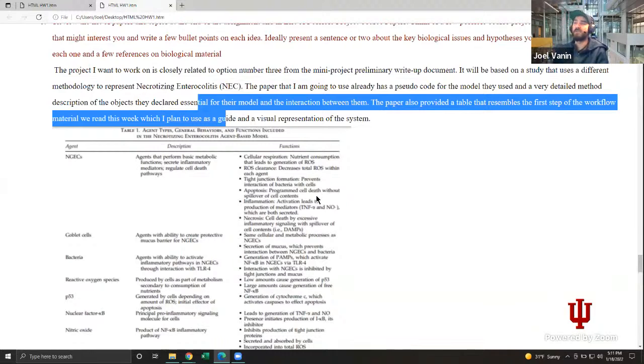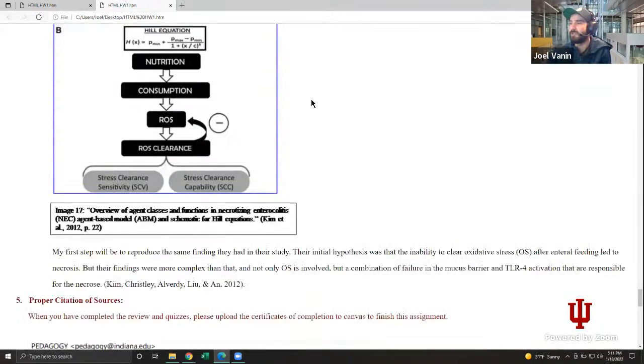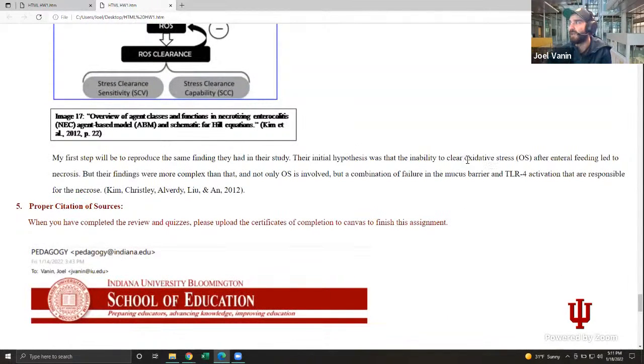And it's important for us to understand a little bit better what is the cause behind it. The team had a hypothesis around this, oxidative stress, OS, that was not being cleared from the system in a timely manner. And that was their hypothesis of the problem of creating necrosis.